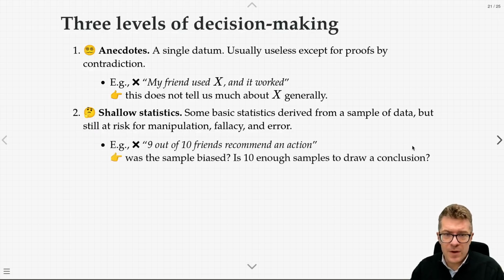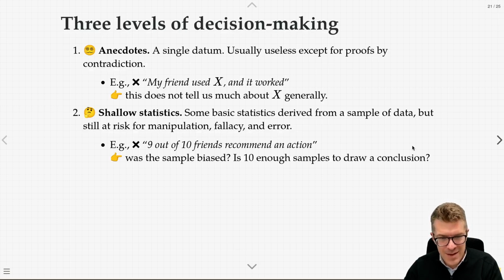An example of shallow statistics would be something like 9 out of 10 friends recommend taking an action. So this is better, right? At least we have some level of confidence, like 90% of your friends are recommending something as opposed to just one. So it's a little bit better. But again, back to the same issues we had earlier. Is the sample biased? Are these friends of yours all taking the red pill or the blue pill, so to speak?